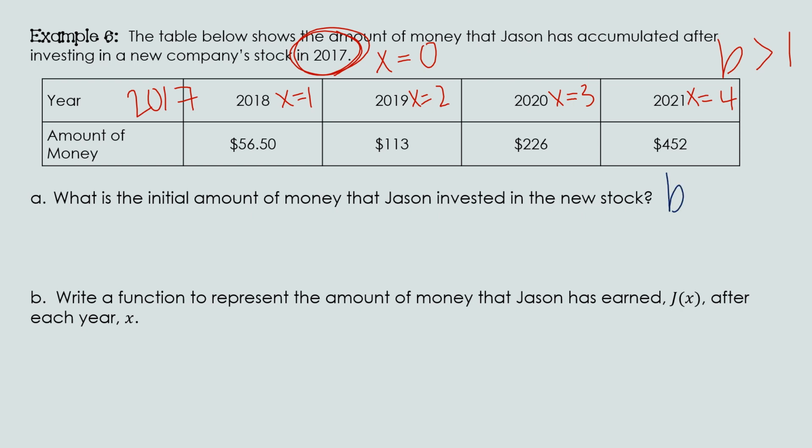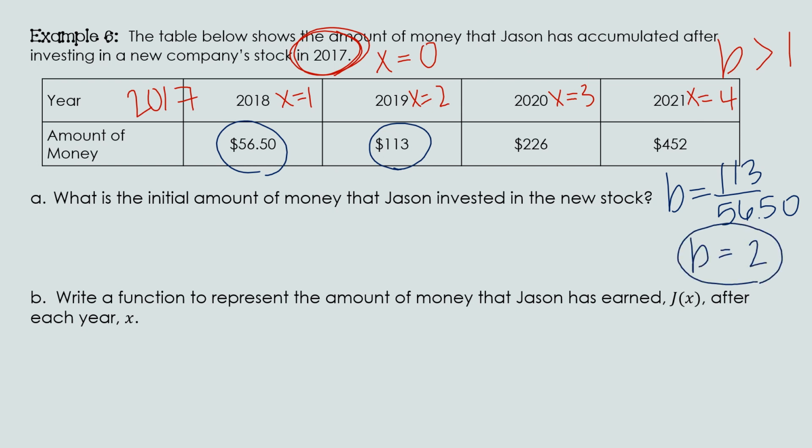So we can use y2 divided by y1. So if I take 113 and divide by $56.50, that gives me 2. So that means that my base is 2. Now you could check it. If I multiply 113 by 2, I get 226.